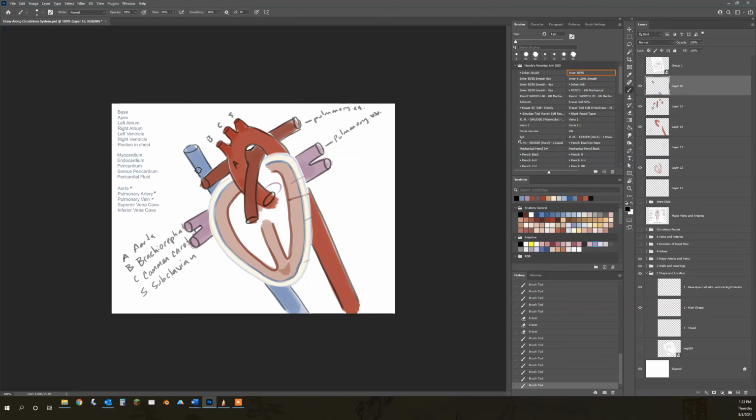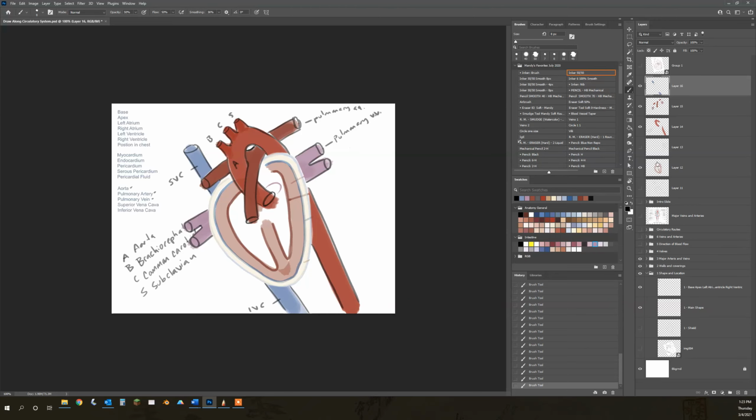This is the superior vena cava, and this one below is the inferior vena cava. And I think that's what I want for right this second.